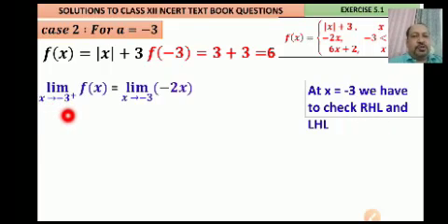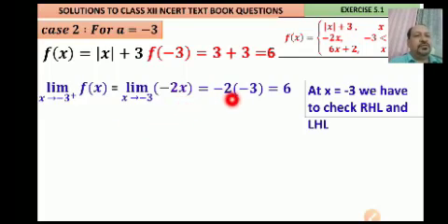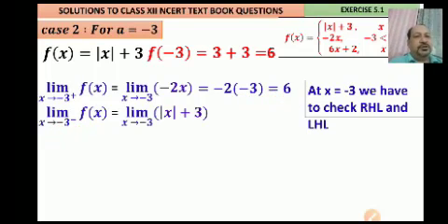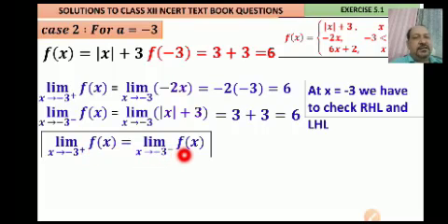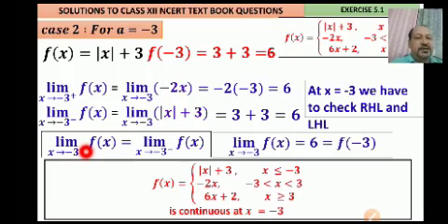Limit x goes to minus 3 positive, f of x equal to limit x goes to minus 3, minus 2x, minus 2 into minus 3 equal to 6. For the left hand limit also, you will get the value 6. So in this question, the right hand limit is equal to the left hand limit. So this function is continuous at x equal to minus 3.